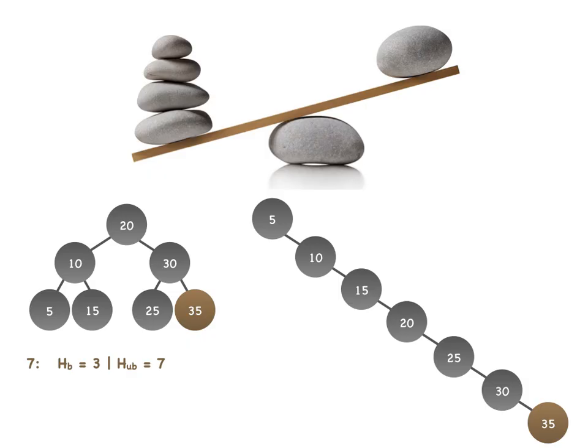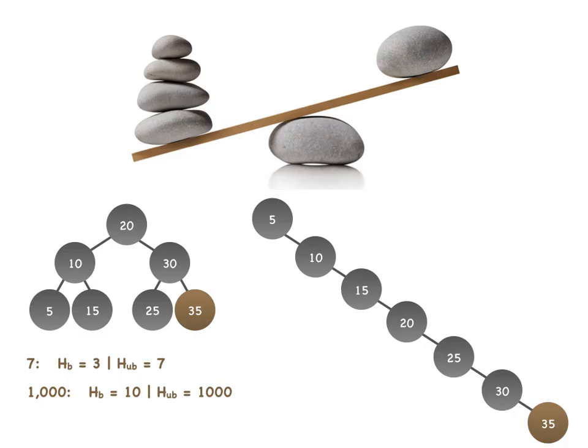But now suppose our tree contained 1,000 nodes. Now my screen isn't large enough for me to depict a tree with 1,000 nodes, so I'll just go ahead and give it to you. The height of a completely balanced tree with 1,000 nodes would be 10, whereas the height of a completely unbalanced tree storing 1,000 nodes would be 1,000, meaning the difference in the maximum number of comparisons is 990.